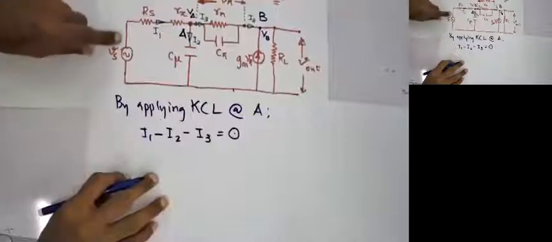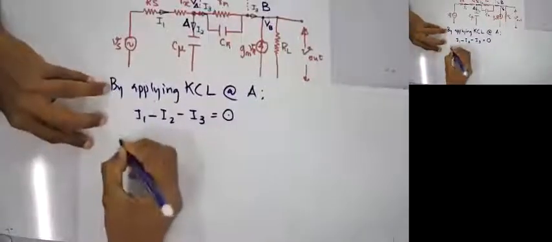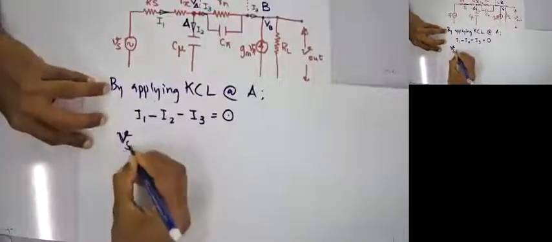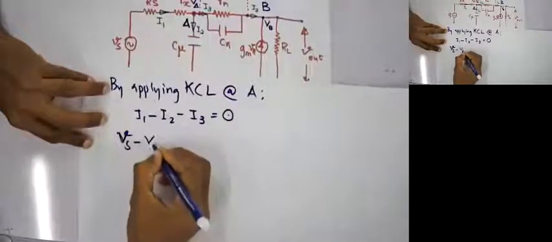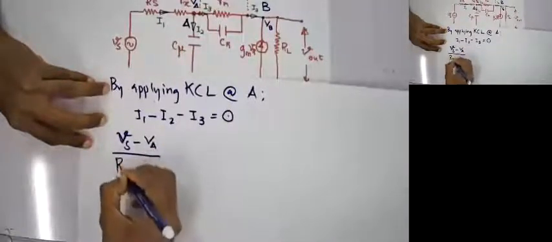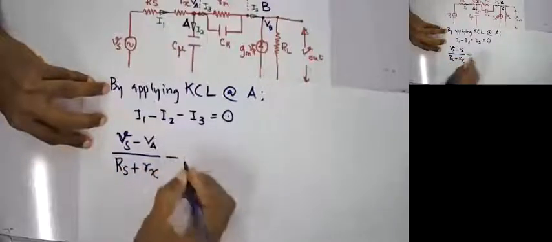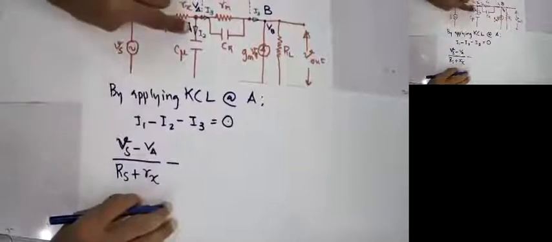I1 will be the voltage at this point, Vs minus VA, divided by Rs plus Rx. Right? So I1 will be Vs minus VA divided by Rs plus Rx, minus, what is I2?